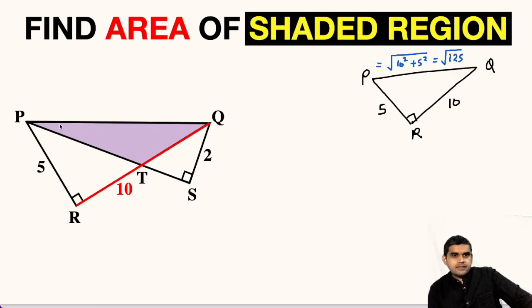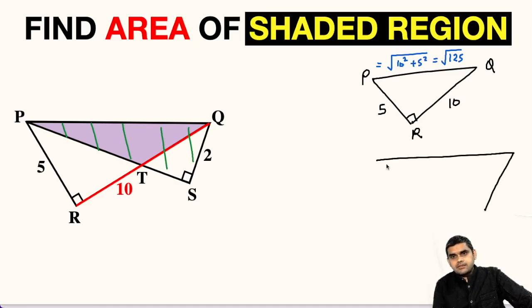Moving ahead, similarly, let us focus on the right triangle PQS. Let me draw this triangle outside separately for you. This is S, this point is Q, this point is P. So here SQ is 2 units, PQ we just found out, that is square root of 125.